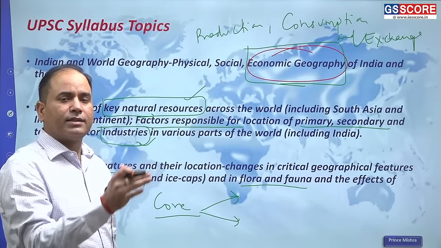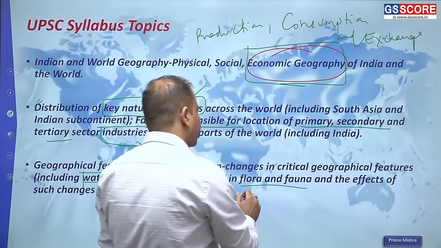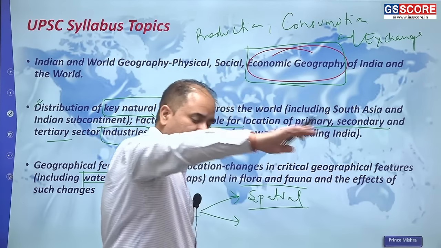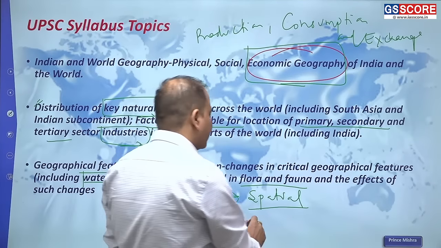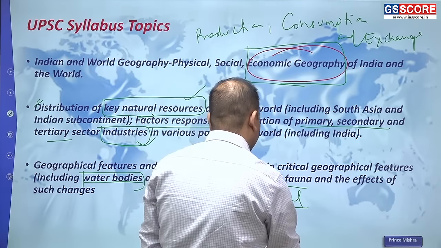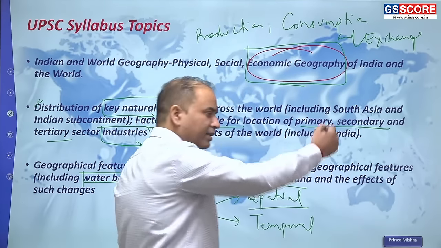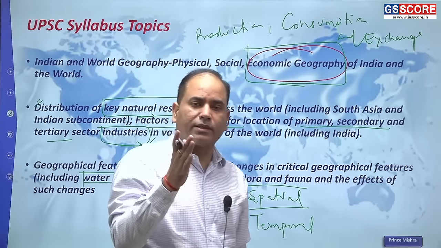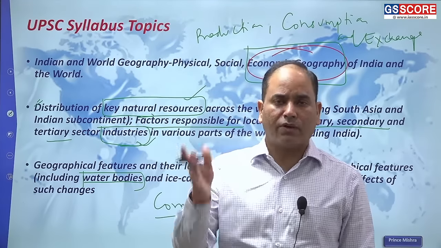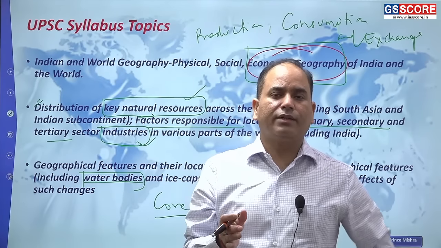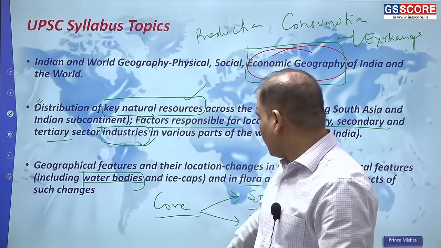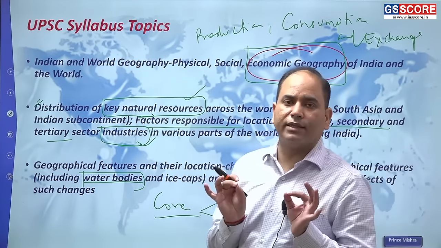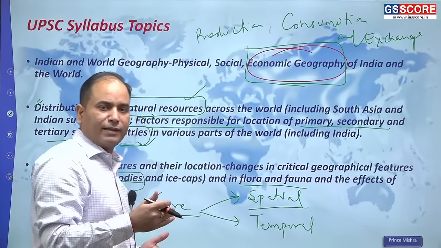This variation is at two levels: at the spatial level, that is in space, and at the temporal level, that is variation over time. So whatever economic activity you study under economic geography, you need to study it with the temporal and spatial variation approach. This is a very important thing you need to know before starting the topics.